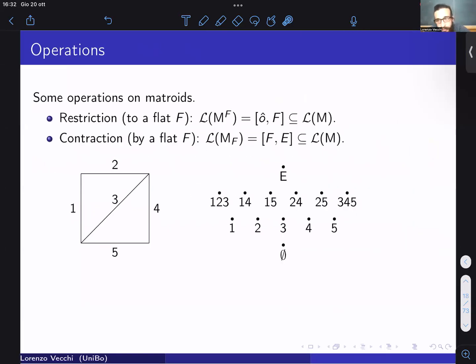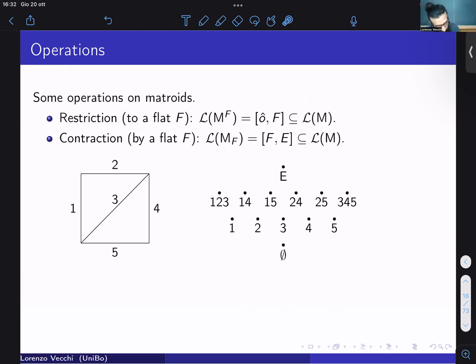Okay, we have a lot of operations on matroids that take in a matroid, building a bigger or a smaller one. I'm going to give you just 2 examples because these are the ones that we need for our purposes. The first one is the restriction, and I'm going to give you the definition only in the case we want to restrict to a flat F. I'm going to say that this operation gives you a new matroid that we call M upper F. And I claim that the lattice of flats of this matroid actually coincides with the interval that goes from the minimal element up until the flat I'm restricting to.